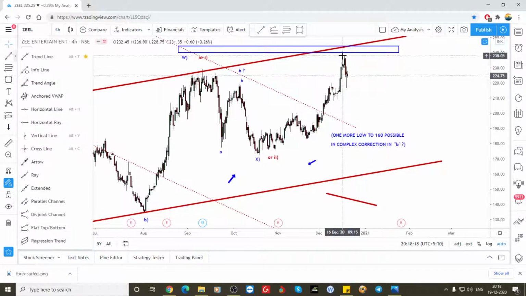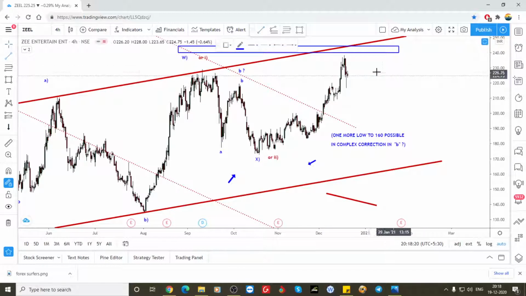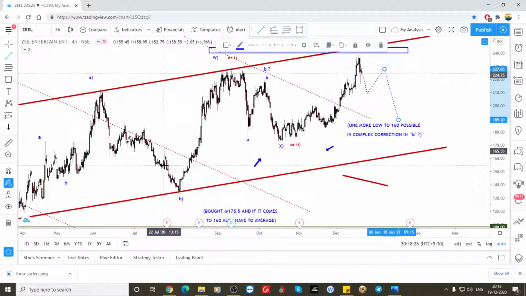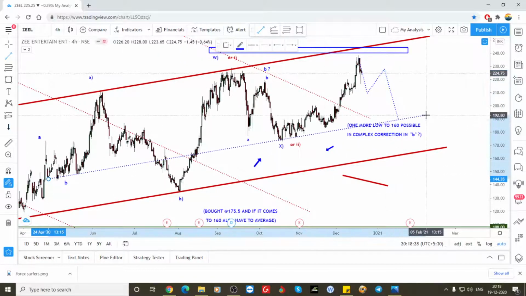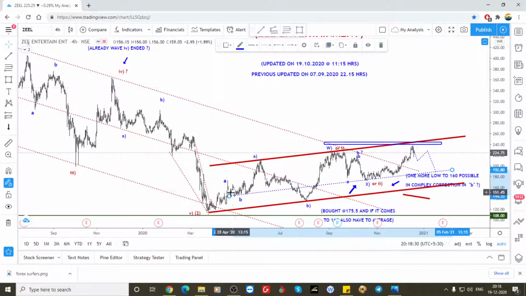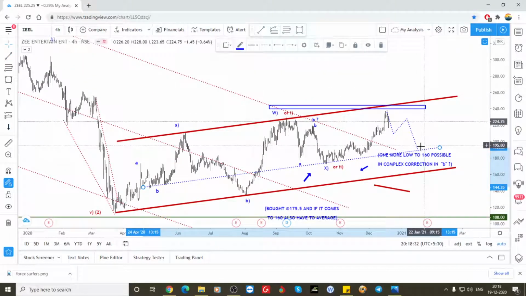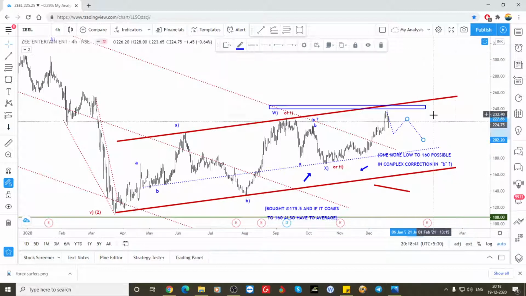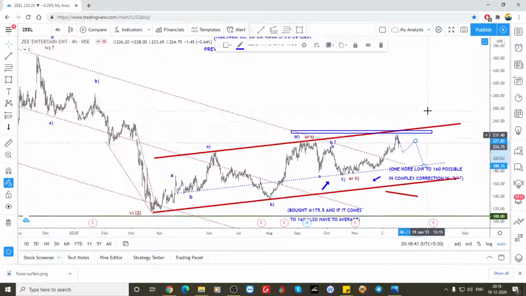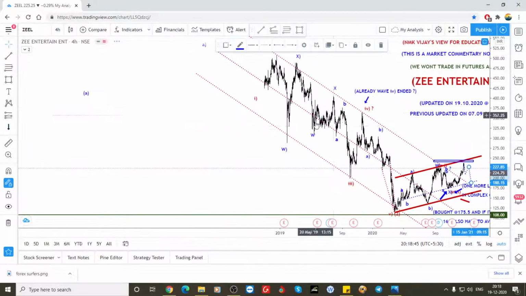So whether it is going to make one more drop like this, and it could be supported by this median trend line, and again whether this is a 1 or W or what, this could be an X or 2, and again it has to shoot for the bullish scenario. So that is my view here also, in Zeal also.